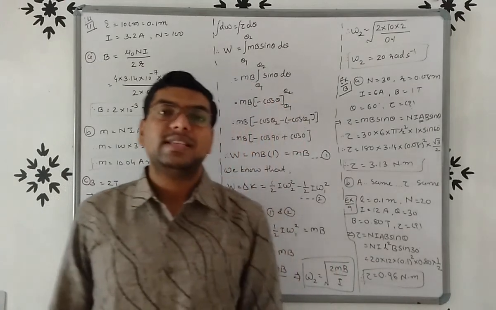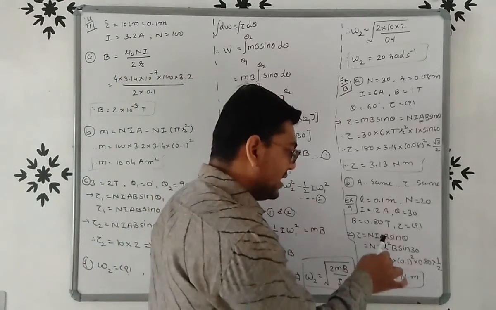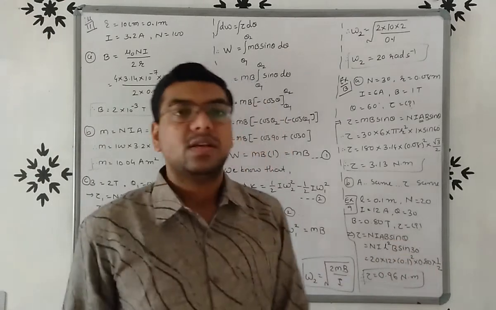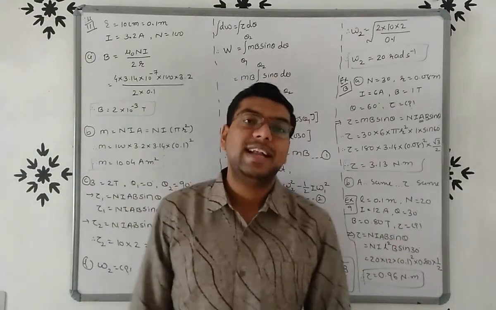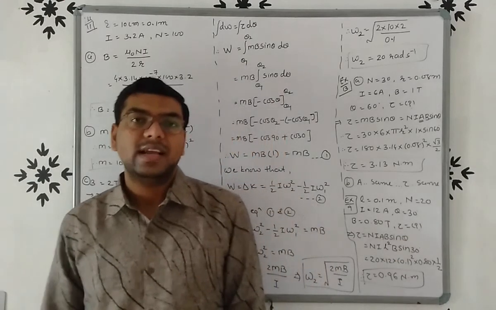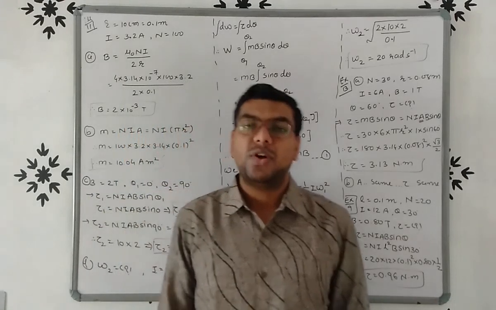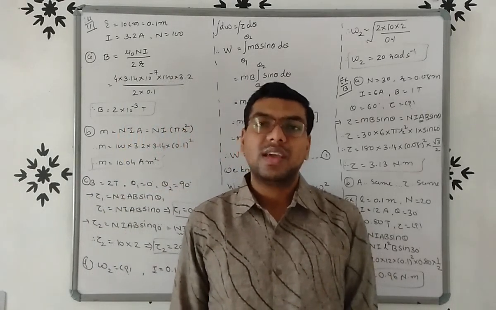Here square coil is given, so area of square is L square. So N I, instead of A, L square B, sine value of theta 30. Right. So after calculating this, we get torque tau is equal to 0.96 Newton into meter. Right. So if you remember the formula, then you can easily calculate any example. Okay friends, thank you.